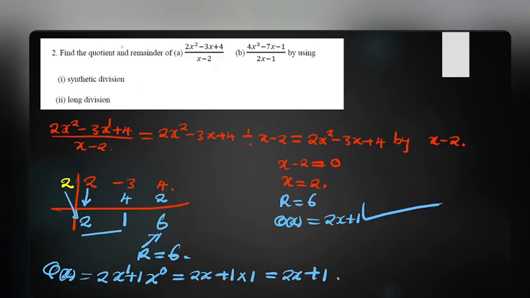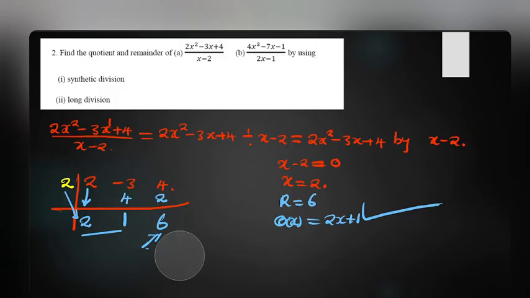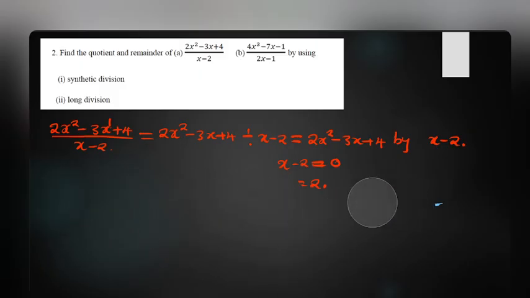Now we have to do the same for the long division. For long division, we put the divisor here. Our divisor is x minus 2.